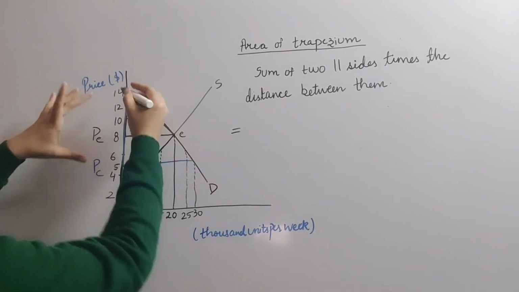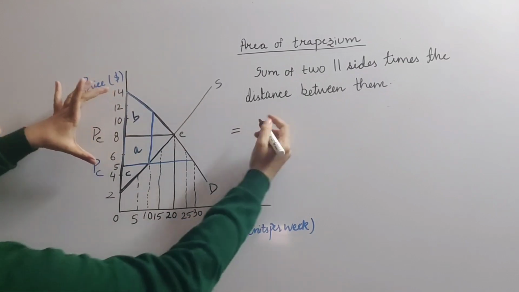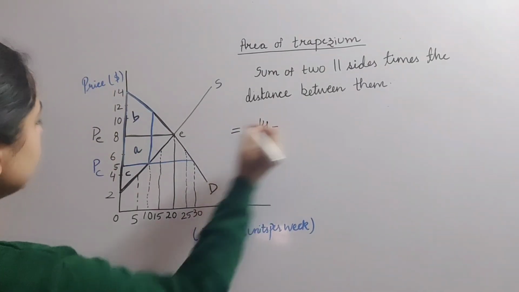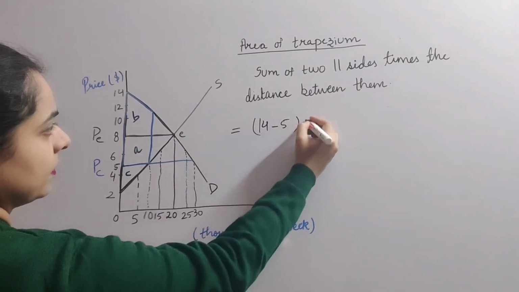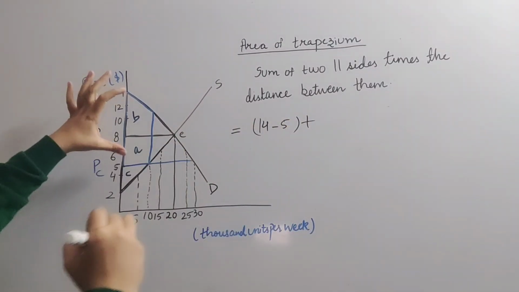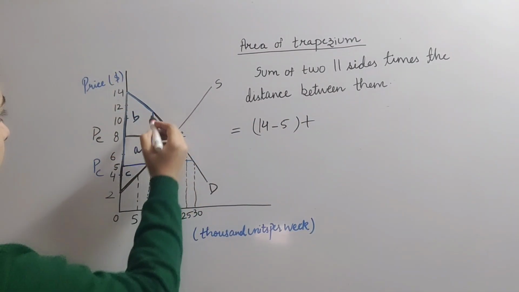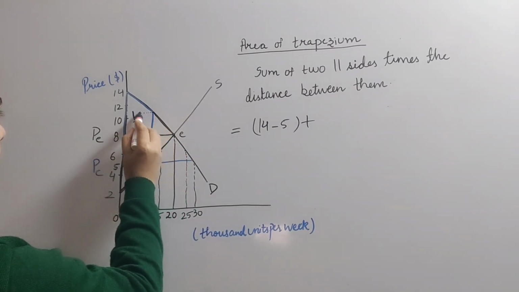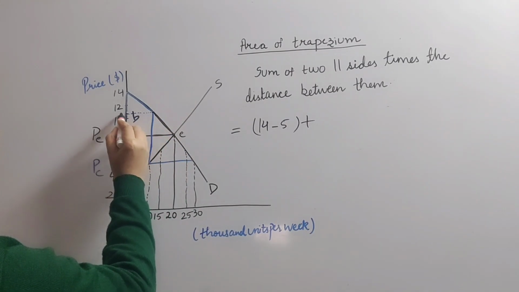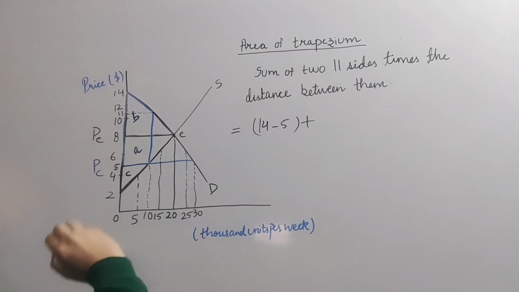So the sum of two parallel sides. One side is 14 minus the price ceiling, that is 5, plus we can find this other side. As we can see here, let's say it is $11.